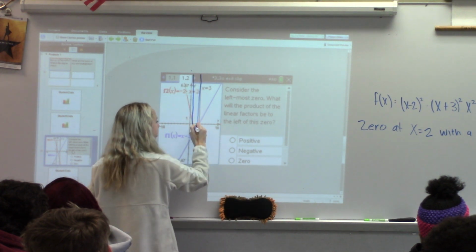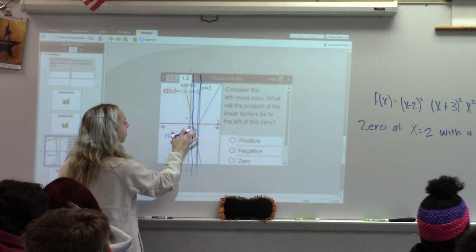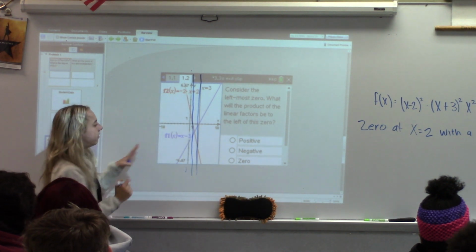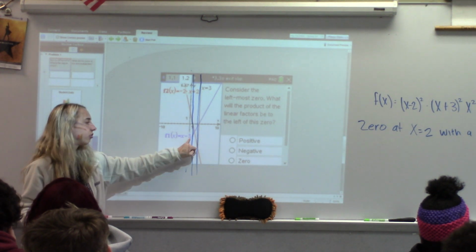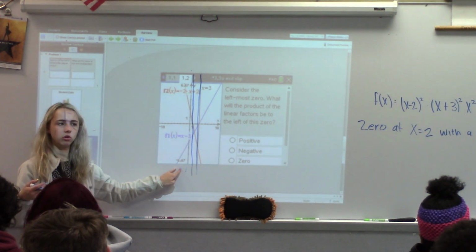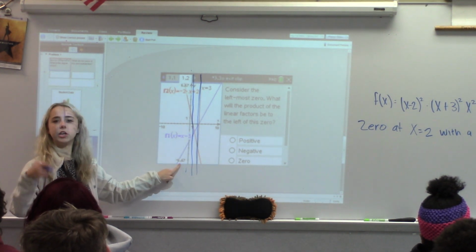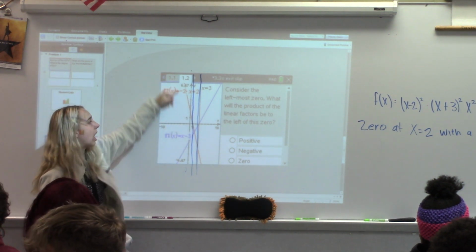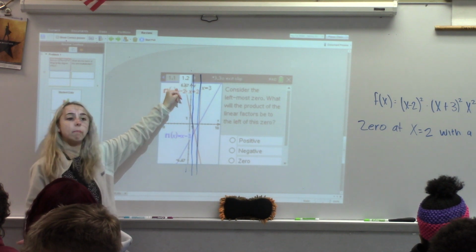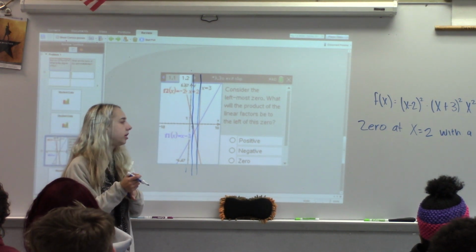If I split it into regions, everything on the left is what I'm looking at to determine what that product's going to be. So we said this one is negative, because all the outputs would be negative, and all these outputs are going to be positive. So that product's going to be negative.